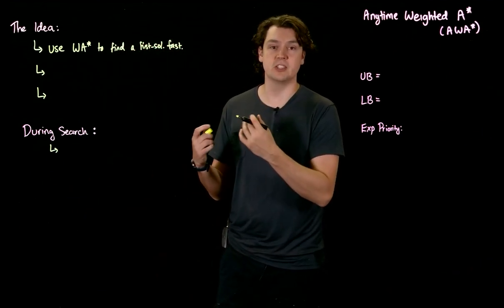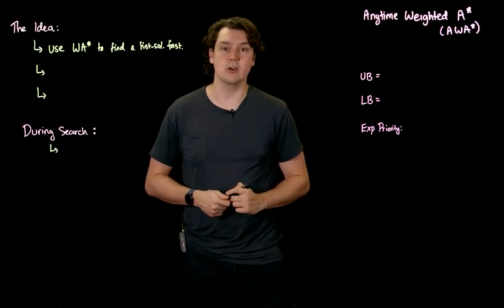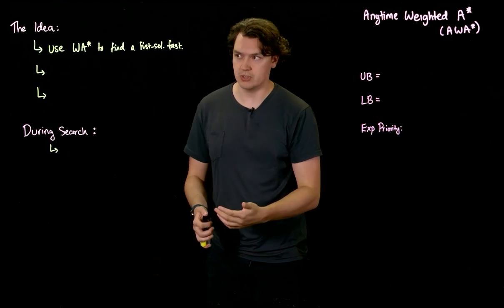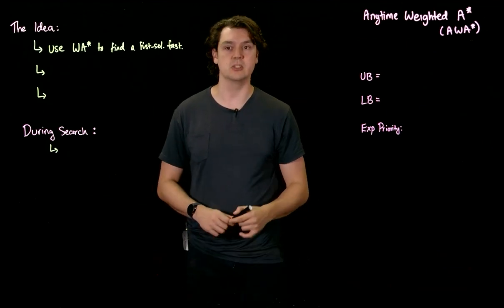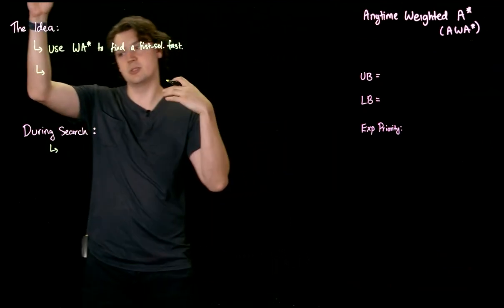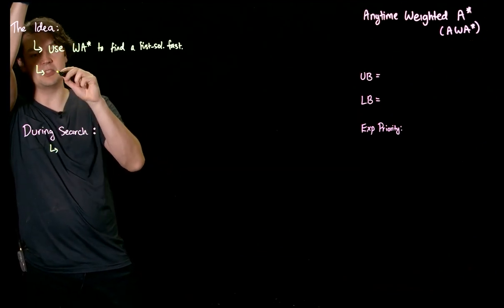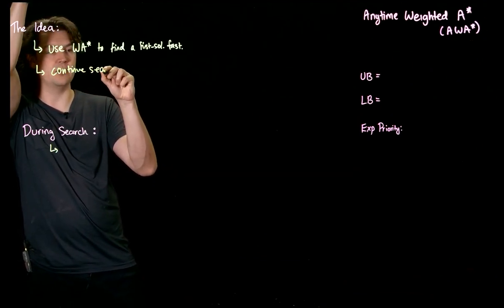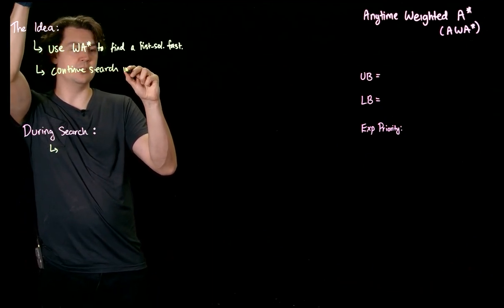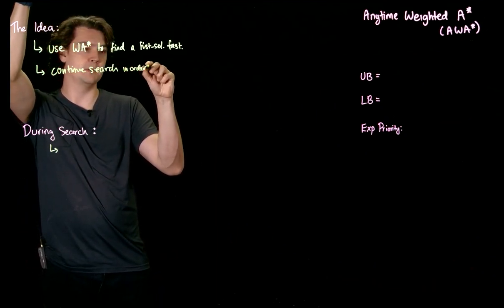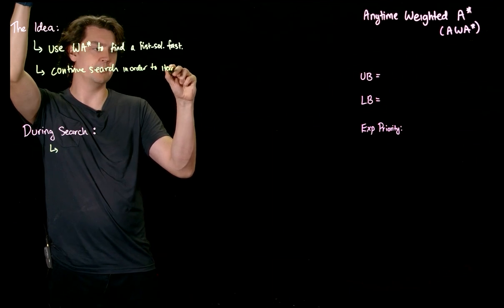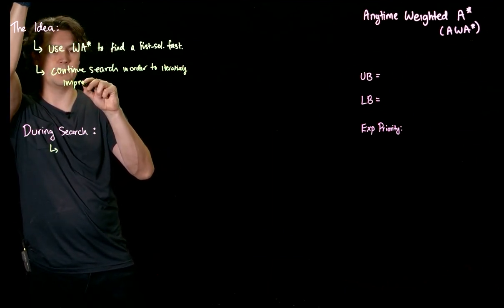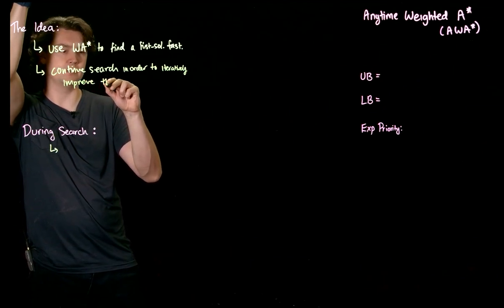So we've done search, we weight the heuristic, so we hopefully beeline towards the goal, we find a solution really quickly. It's not a high quality solution. And so what do we do next? Well, this is where we deviate from Weighted A-star. Instead of simply stopping, we will continue search in order to iteratively improve the solution.